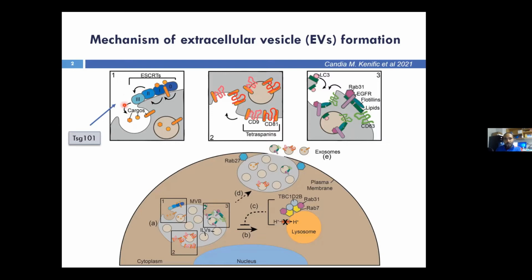As you see here in box one, one way is through a multi-complex platform, which is called ESCRT, and it's composed of 4 subunits, 0, 1, 2, and 3. And this multi-complex platform is able to trigger the inward membrane budding. Furthermore, it's also important for the cargo selection that is going to end up in the extracellular vesicles.